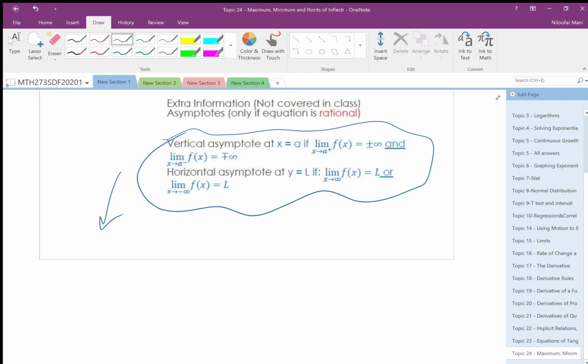Vertical asymptote. If, when x is approaching a number, the function is approaching infinity or minus infinity, I can say this is a vertical asymptote. Look at this. If I graph the function y equals 1 over x, this is the function.